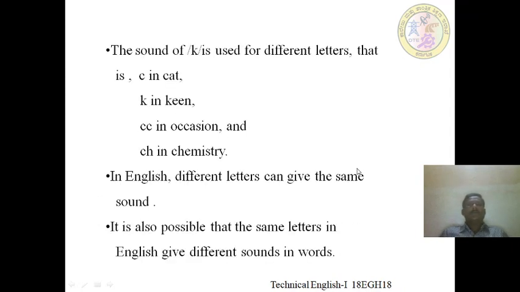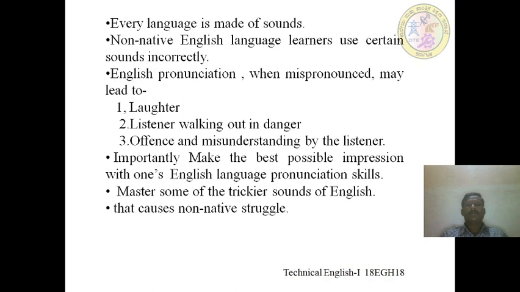The sound of k is used for different letters, as seen in cat, cane, keen, C in occasion, and CH in chemistry. In English, different letters can give the same sound, and it's also possible that the same letters in English give different sounds in words.